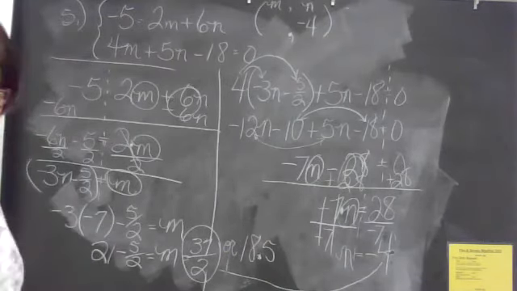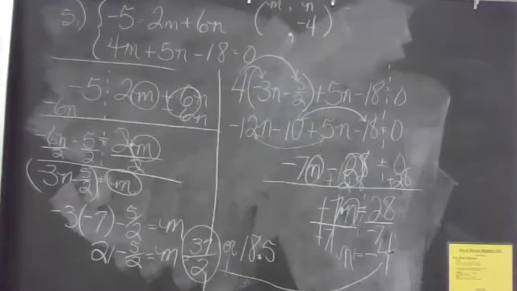I was going to see what they put for an answer, whether they do decimals or fractions. You need to be able to do both. So negative 4, 19 halves. I never screwed up somewhere.